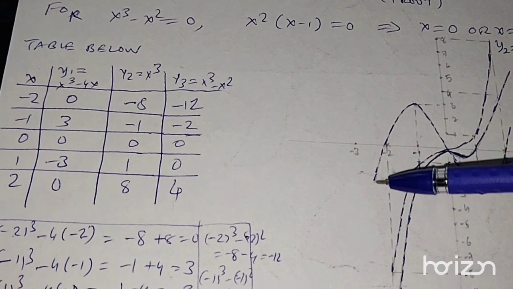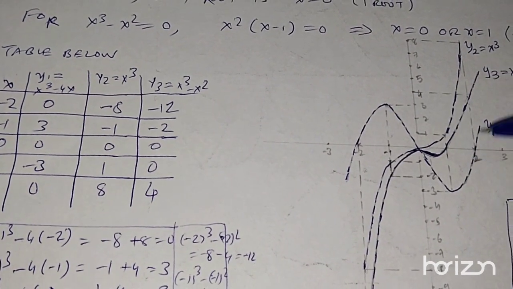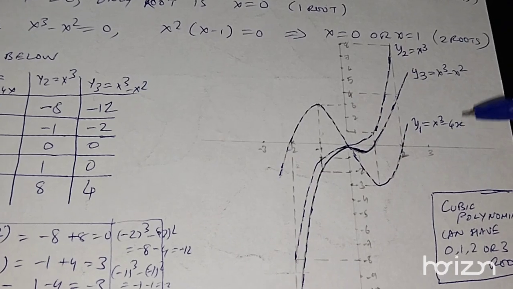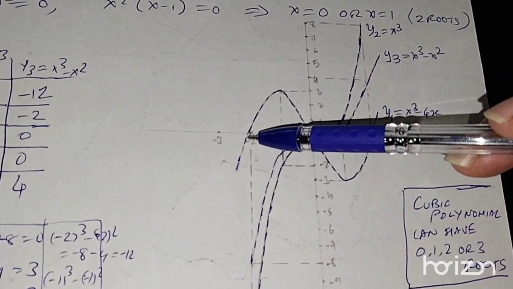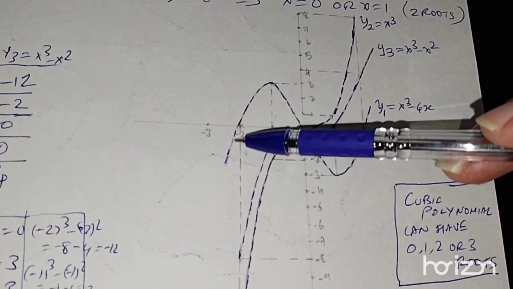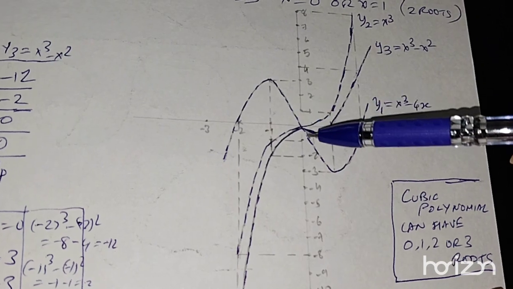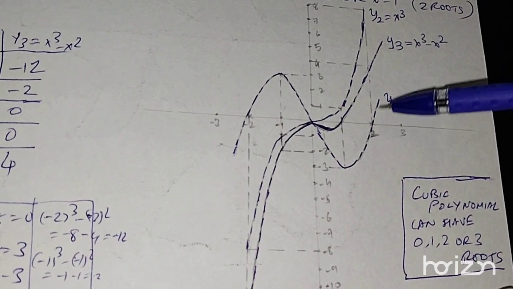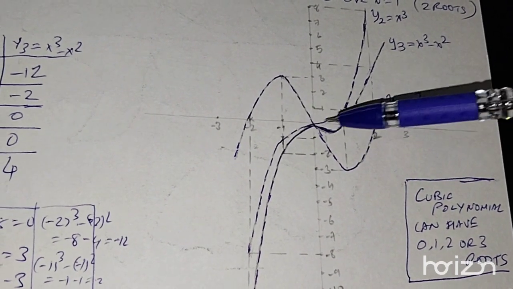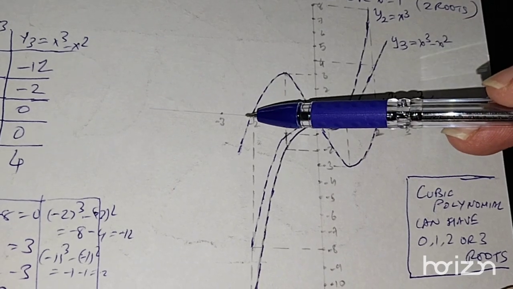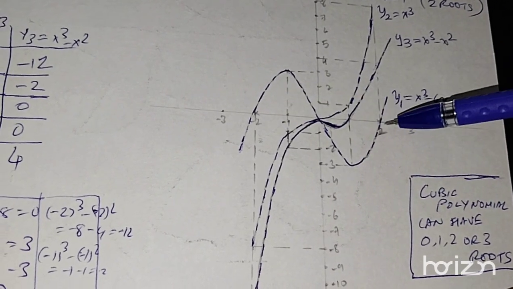Okay. So this curve is x cube minus 4x. It cuts the x-axis 3 times. See, one cut, then it comes here, another cut. It comes here, another cut. It has 3 roots because it has 3 crossings of the x-axis.